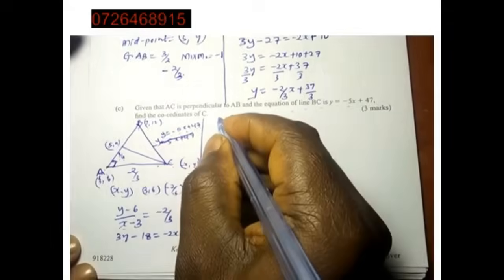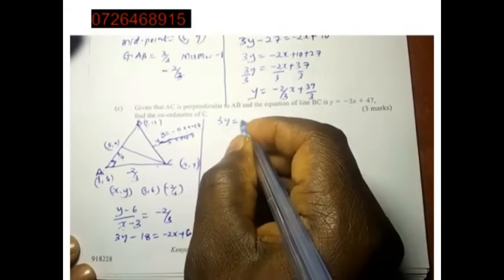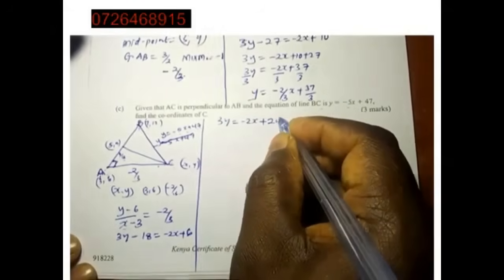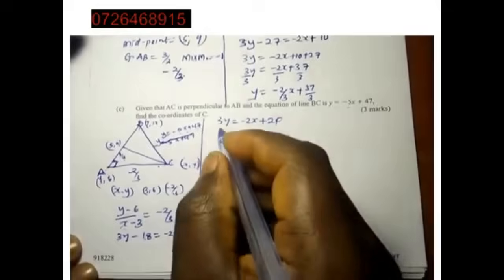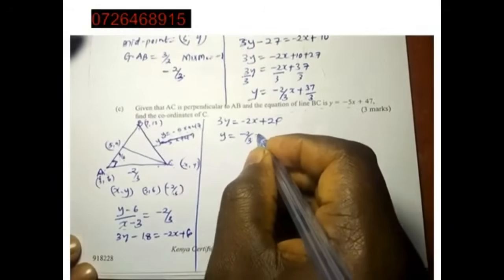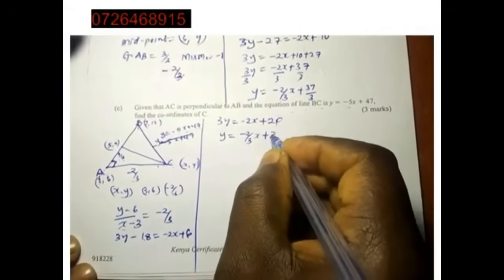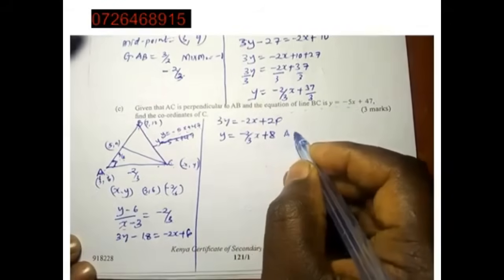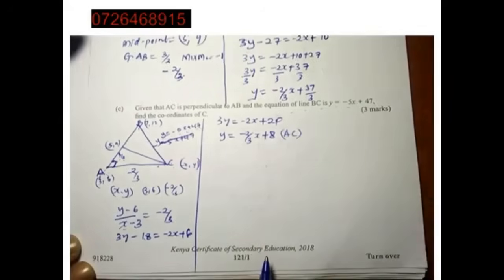Like terms together, this one is 3y equals -2x plus 24. So y equals -2 over 3 x plus 8. So this is the equation of line AC.